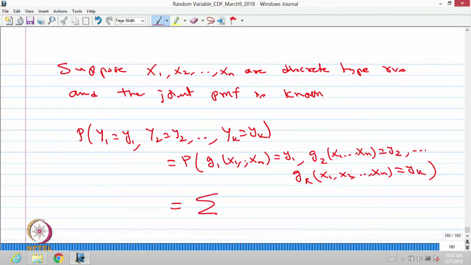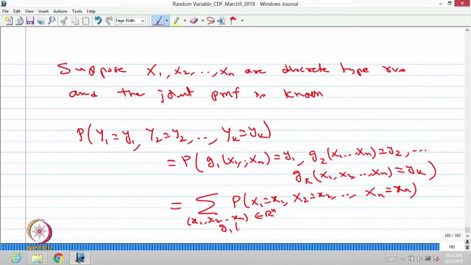the summation of the probability that x1 takes a value small x1, x2 takes a value small x2 and so on, xn takes a value small xn, such that all the xi's, x1, x2, xn, belong to Rn. Not only that, g1 of x1, x2, xn is the same as y1.